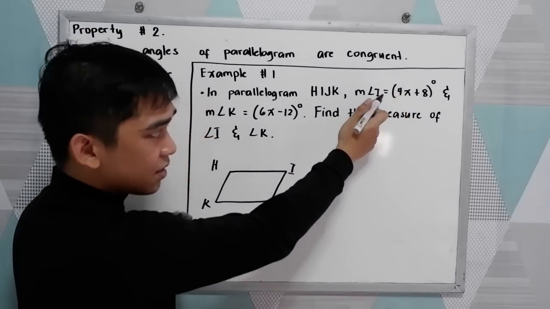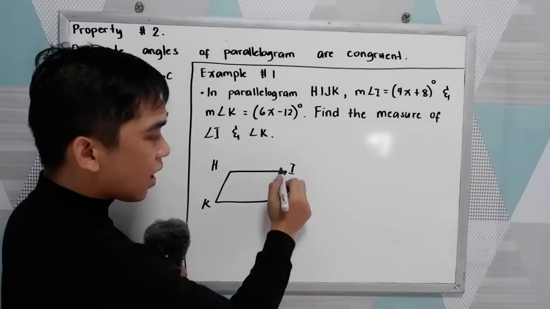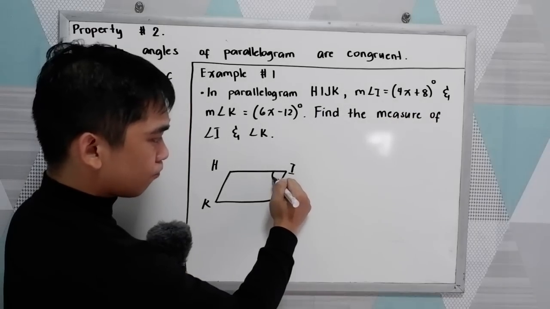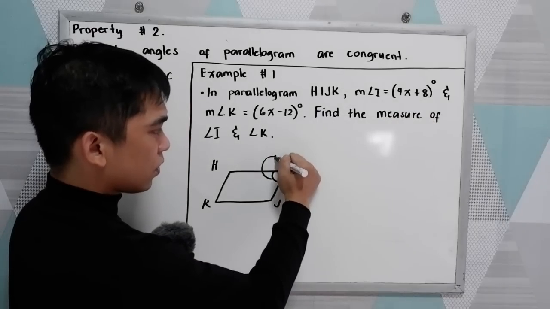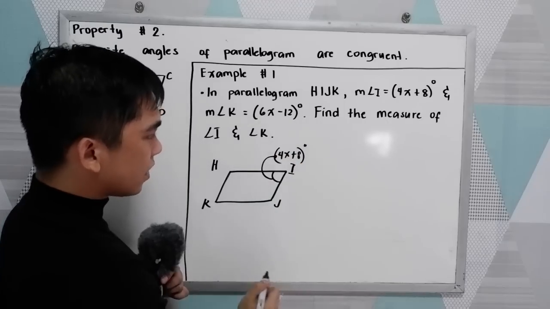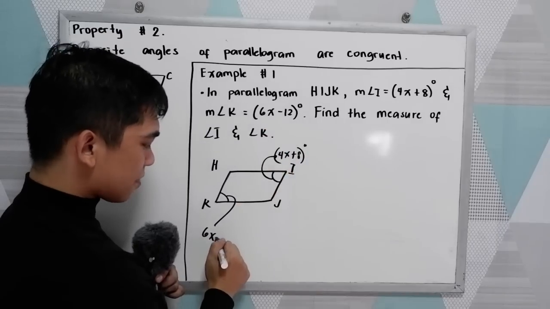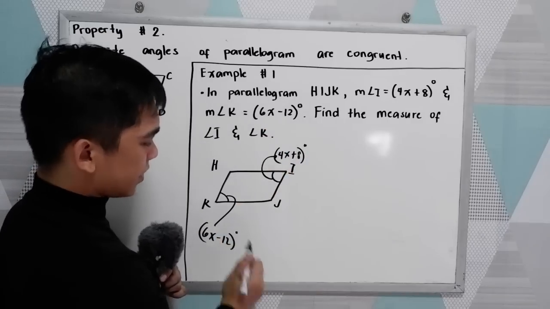Now, measure of angle I, this is I, is 4x plus 8 degrees, and our K is 6x minus 12 degrees.